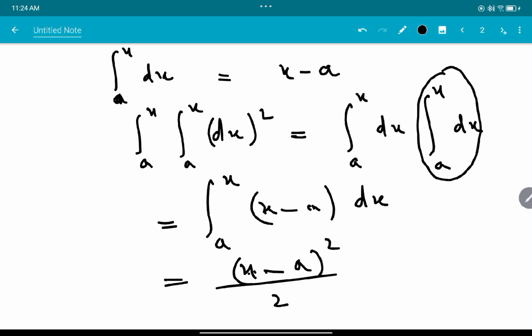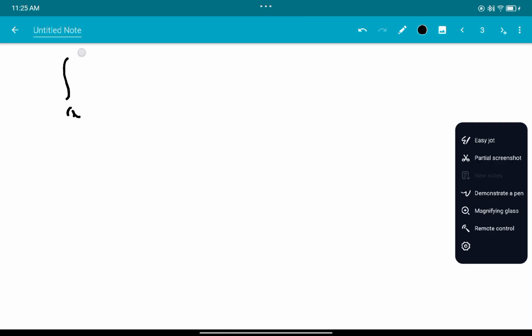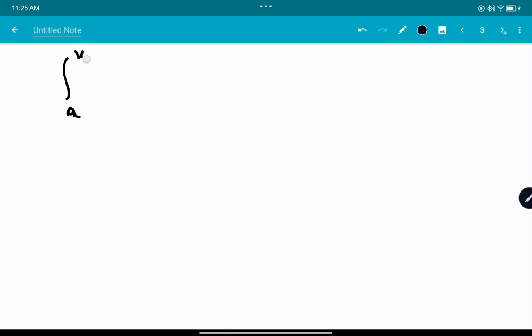When you integrated once, you got (x - a)^1 divided by 1. Now when you integrate twice, you get (x - a)^2 divided by 2. Similarly, if you integrate three times, you will get (x - a)^3 divided by 3 factorial. Let us check it. Now we have three integrals from a to x, with dx, dx, dx.